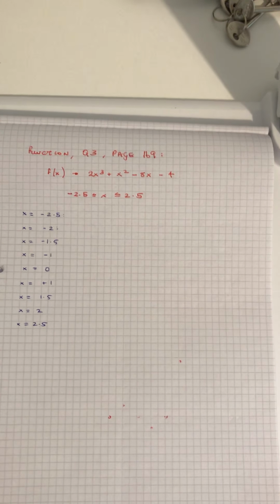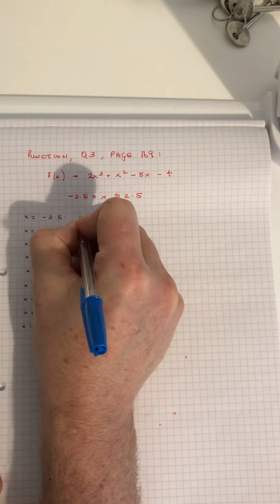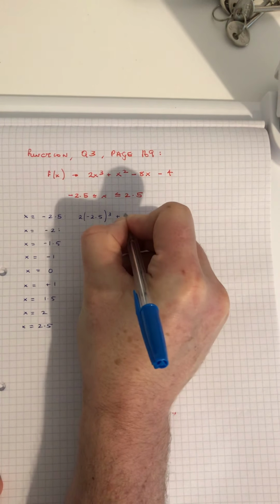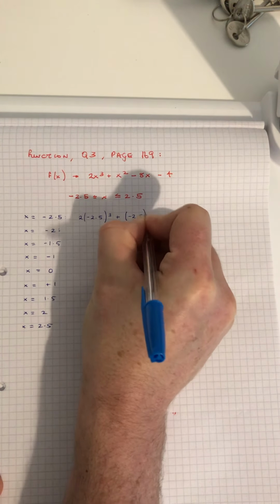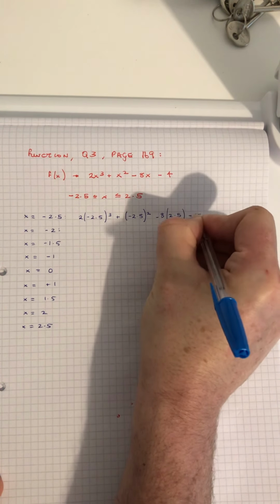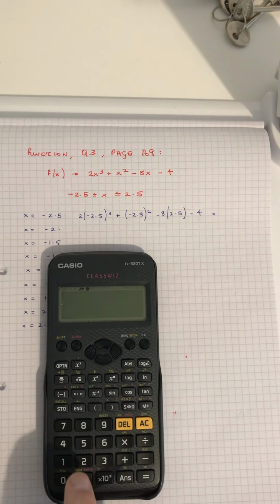Okay, and so in this case here, if x is minus 2.5, 2 times minus 2.5 cubed plus minus 2.5 squared minus 8 times 2.5 minus 4. And use your calculator. There's no point trying to do it without it.